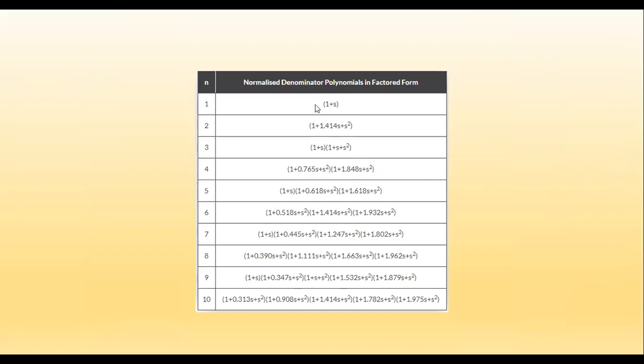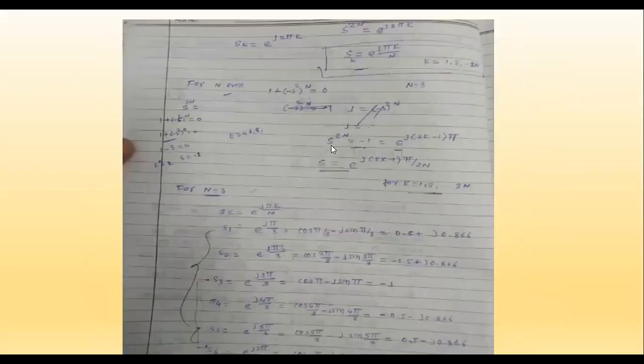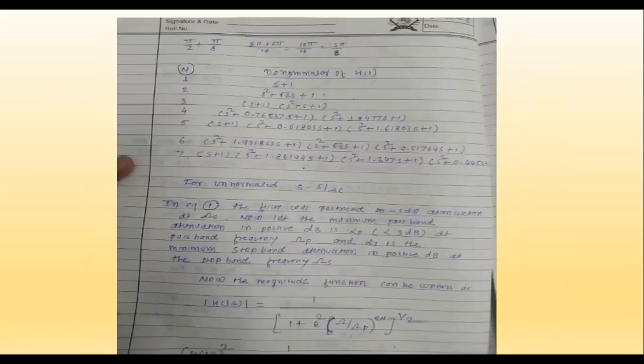This is the table. So for n equal to 1, it is either 1 plus s or it is the simple table I have. So s plus 1, s plus 2, that table also we have.